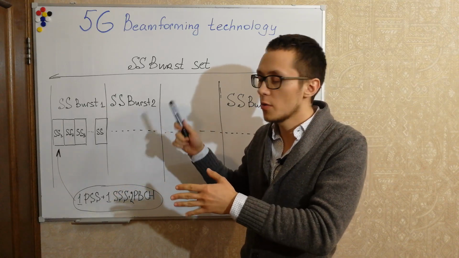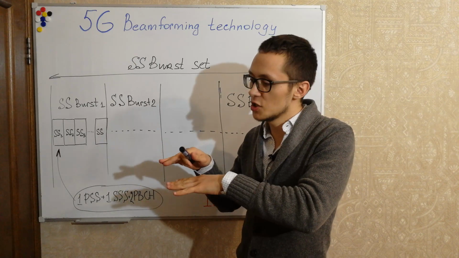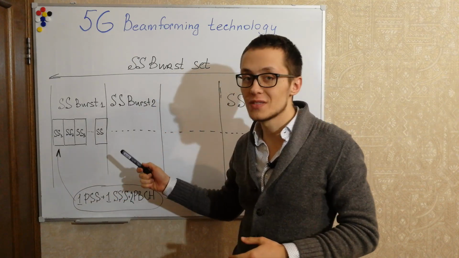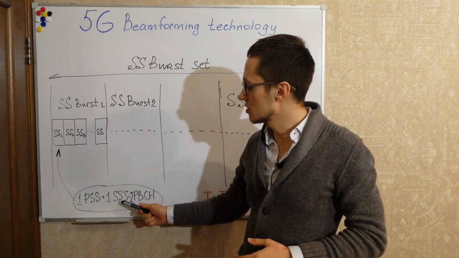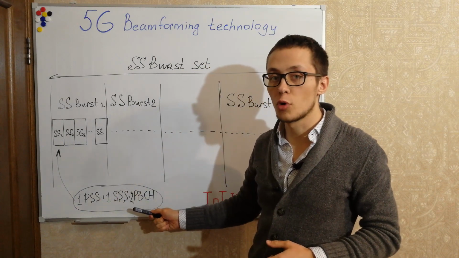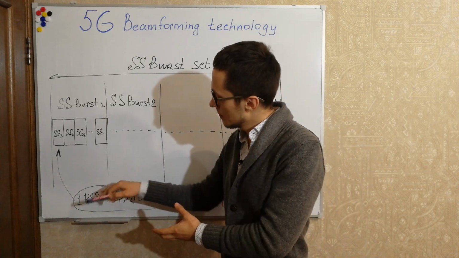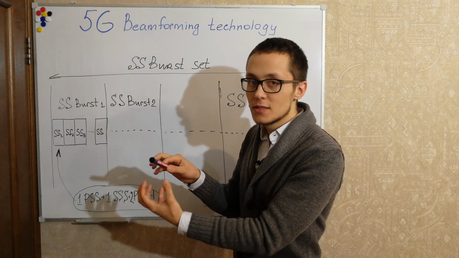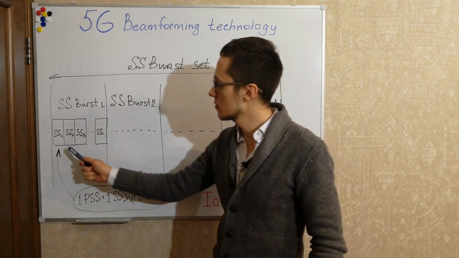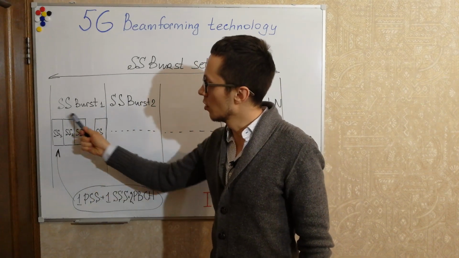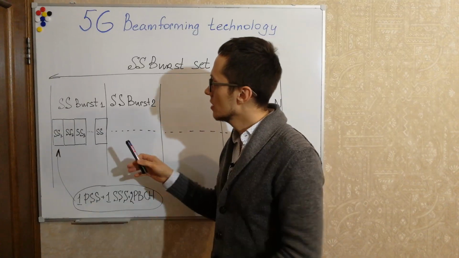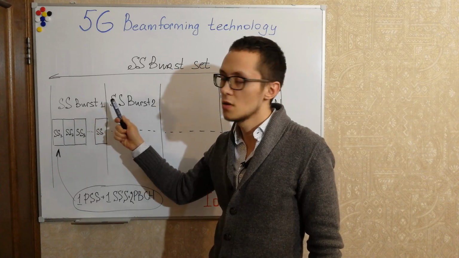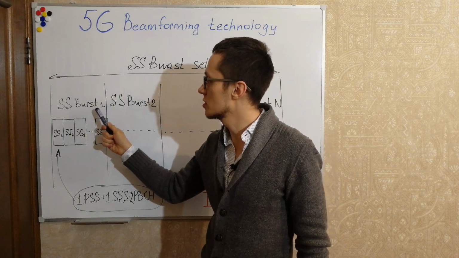instead of broadcasting in a wide direction, in 5G beamforming such signals as the primary synchronization signal, secondary synchronization signal, and physical broadcast channel are formed into one synchronization signal block, and such blocks are formed into one SS burst, synchronization signal burst.